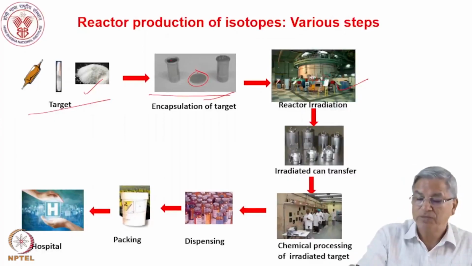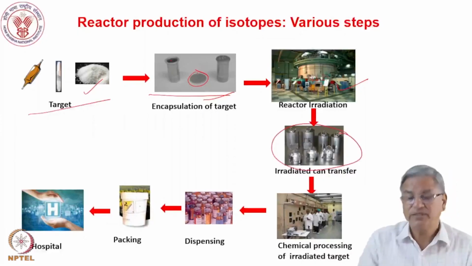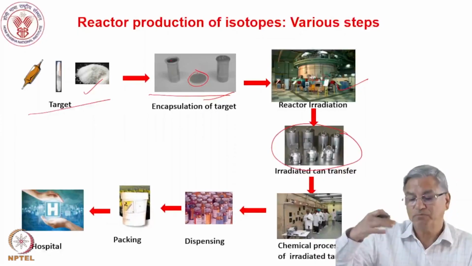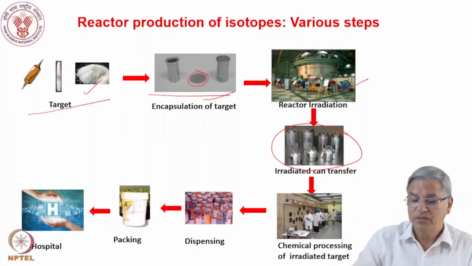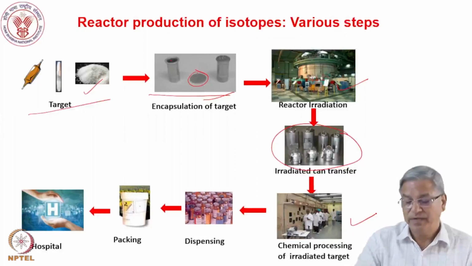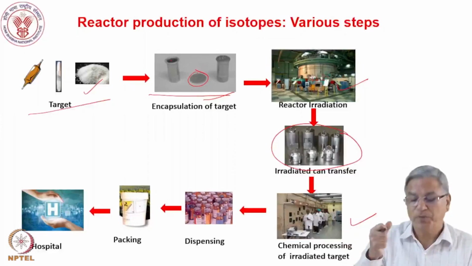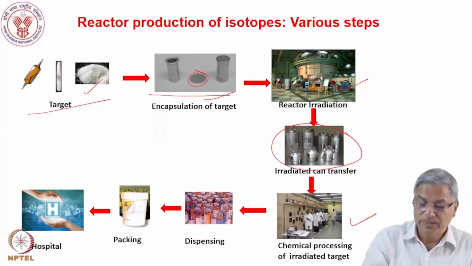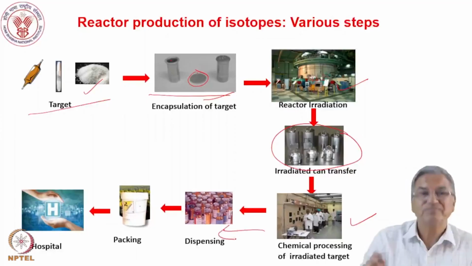And then after this, you bring in the shielded casks from the reactor, stainless steel or lead pots. They have to be transported to the processing laboratory where people do operations in the hot cell to separate the particular isotope of interest. They are then dispensed. You can bring it in vials, properly capping them so that there is no leakage.